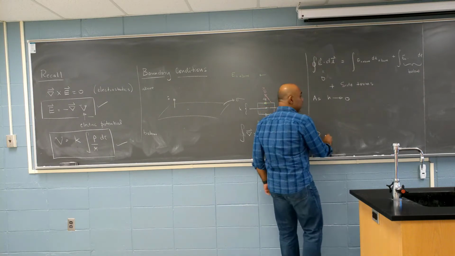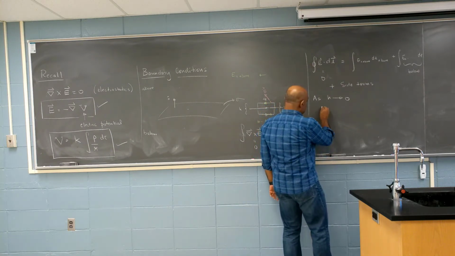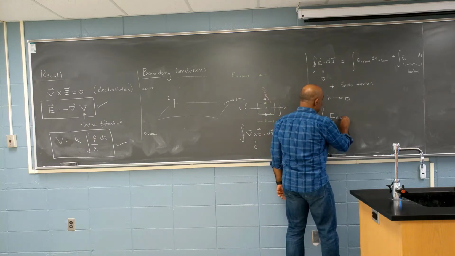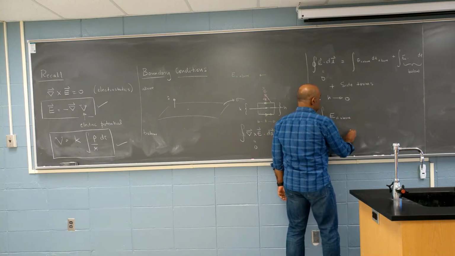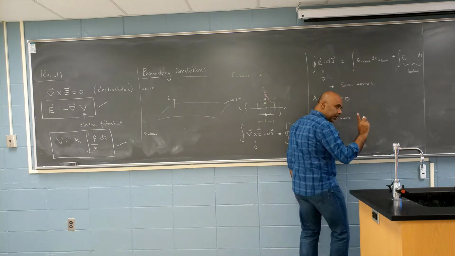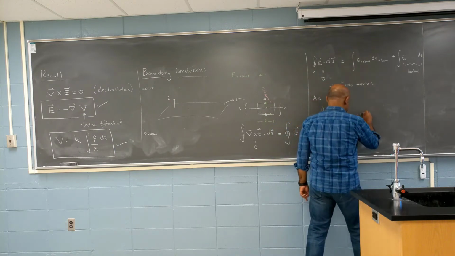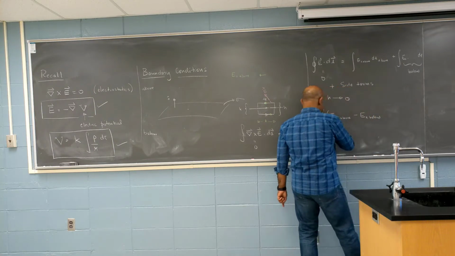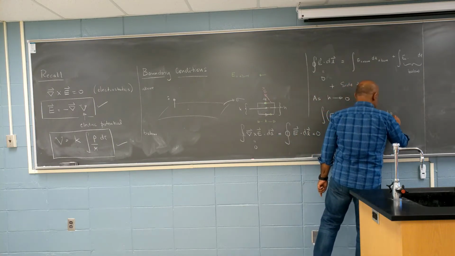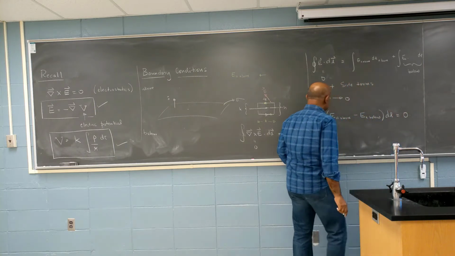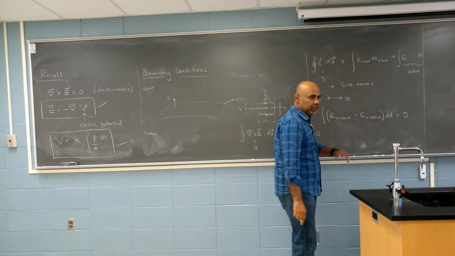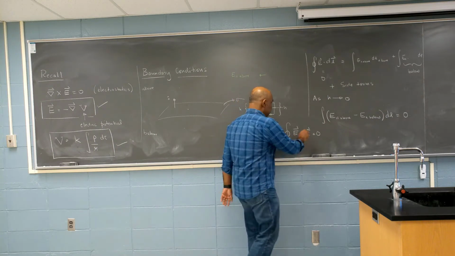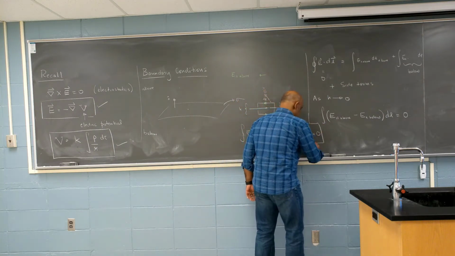And then I get E parallel above. I'm going to write it and then explain it. There are a couple of missing things, and there's a sign that I need to explain.